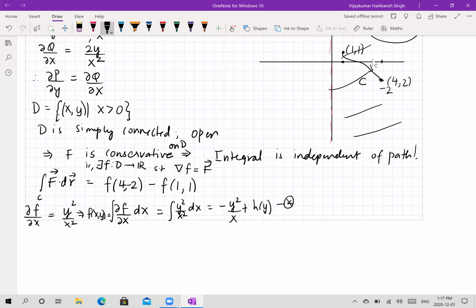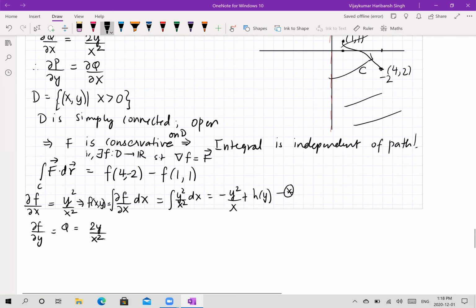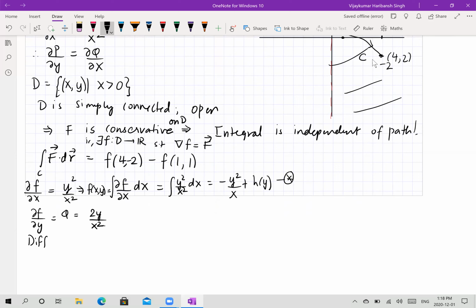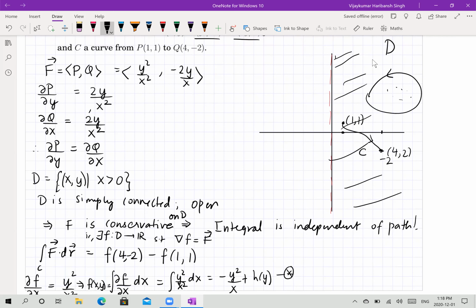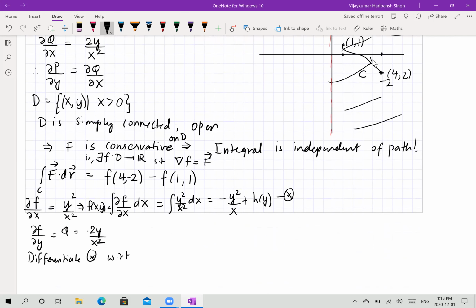Now, from above, dou f by dou y is equal to Q, which is minus 2y by x.